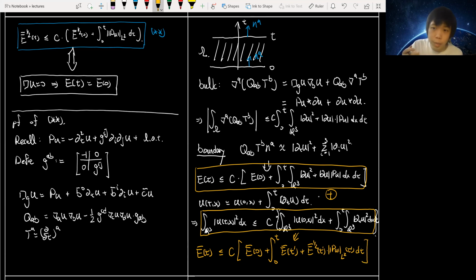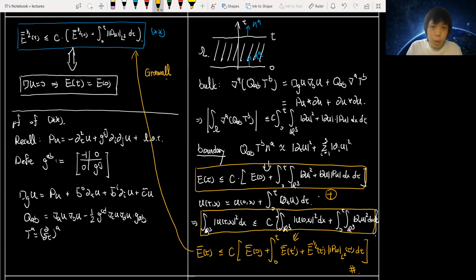So more or less du squared together with u squared give us E bar. And from this, one can use the Gronwall inequality, the Gronwall estimate. You can use Gronwall to get to the double star. And this finishes the argument.